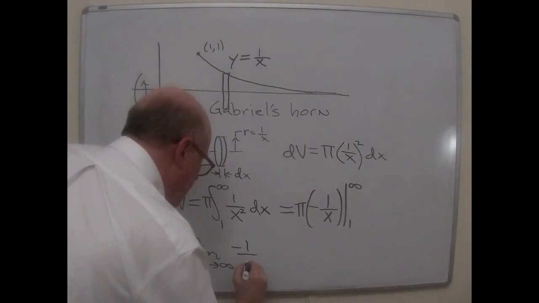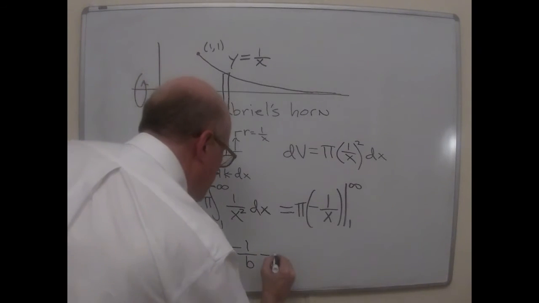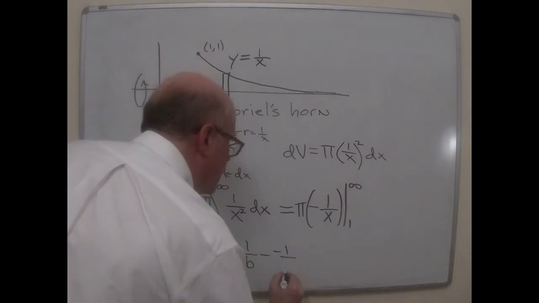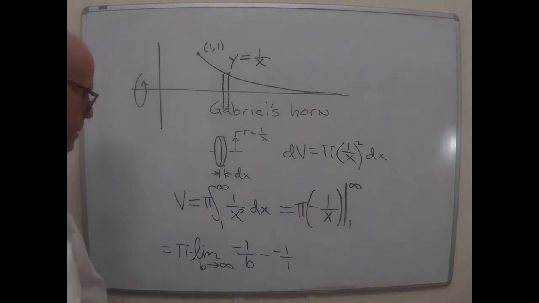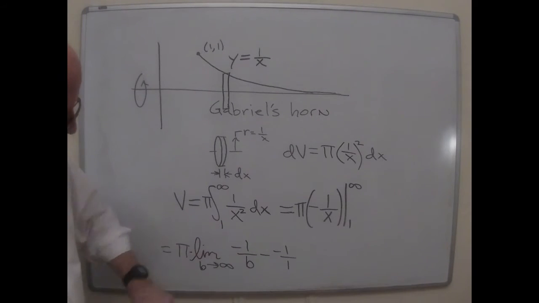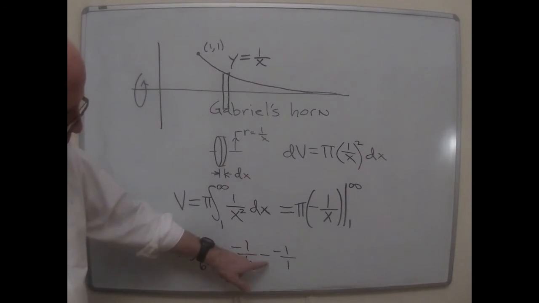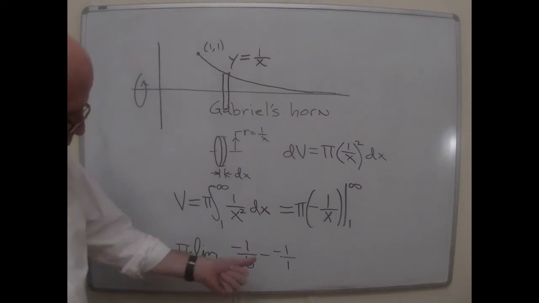Negative 1 over b, that's the upper limit, minus negative 1 over 1. Right. Well, that's a limit we can actually evaluate. As b goes to infinity, this term goes to 0. Negative 0, I guess. But this term has 2 minus signs in it, so it's 1. So this limit is actually just 1.